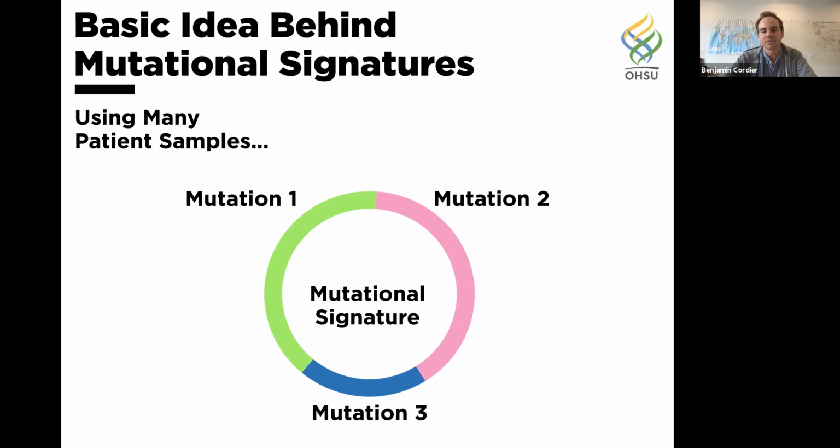So that's the idea of the mutational signature. It's a combination of mutations that we can use to characterize perhaps a subtype of cancer, or we can also use mutational combinations to associate them with a clinical outcome. For example, this person is likely to have leukemia that's resistant to treatment.